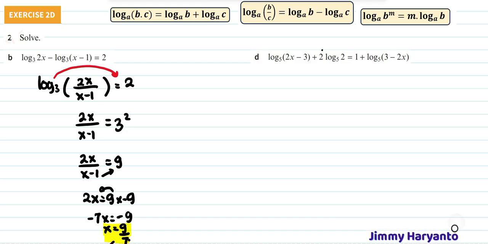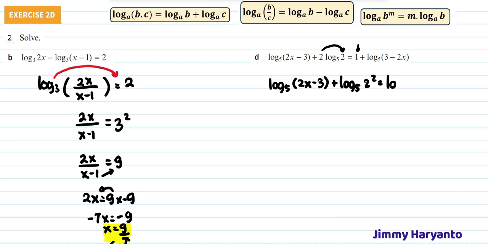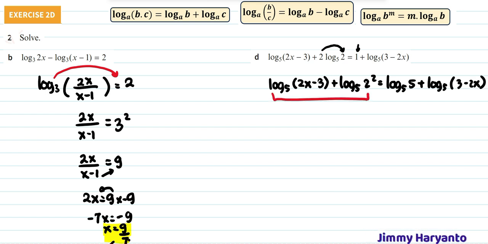Next is question 2D. For question 2D, I think I have to move these two first and then change this one into log 5. So I will write it like this: log 5 of 2x minus 3, plus log 5 of 2 squared, equals, this one will become log 5 of 5, plus log 5 open brackets 3 minus 2x. Okay, we can combine this one and also this one using the multiplication rule. So write down the logarithm 5, the one times the one inside the brackets.